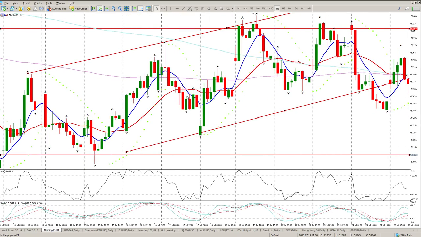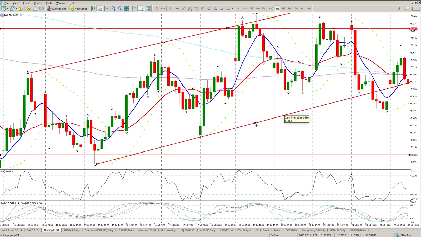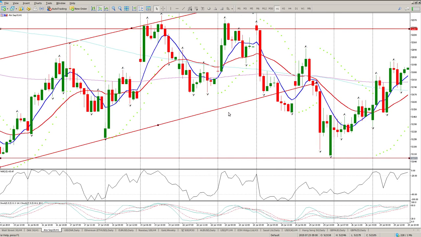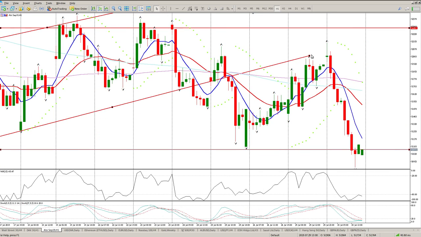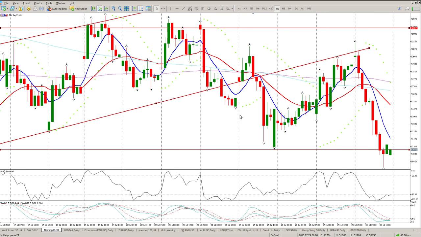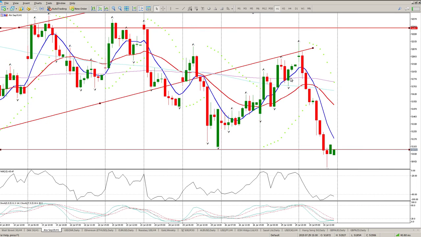I'm just going to come from this bottom level here, from there to there, and just get it perfectly. So there you can see we broke it here, we came back into it, broke it again, and there was our second retest yesterday, and that first hour rejection bar of that level was telling.